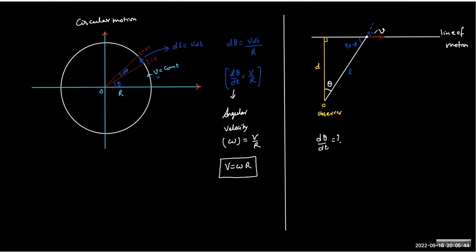This is the same. So what is the component of velocity in this direction? I hope you remember the component from vectors. What is the component of v in this direction? Anyone can tell me? What is this component?